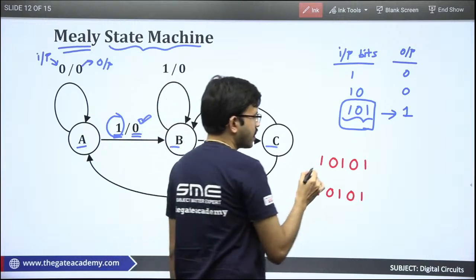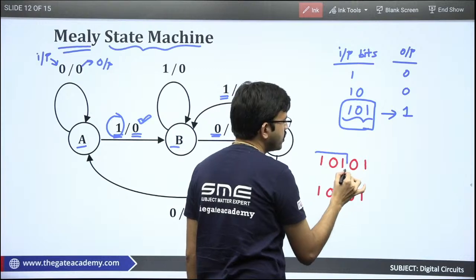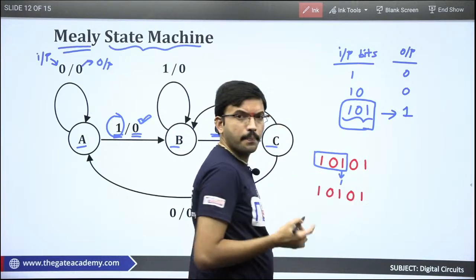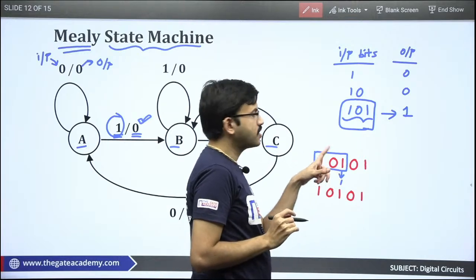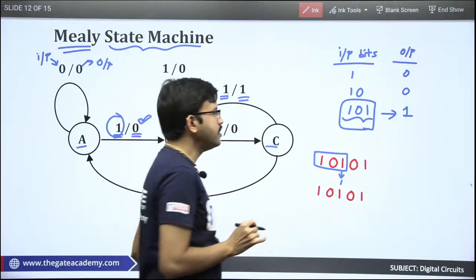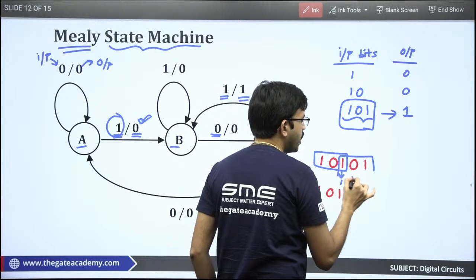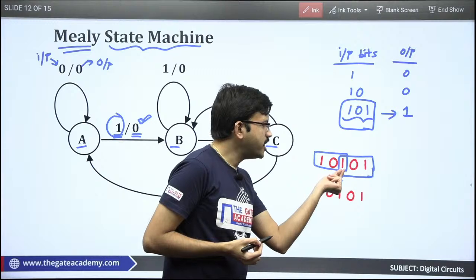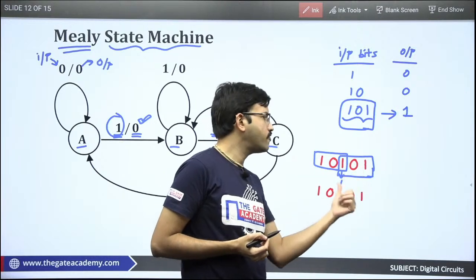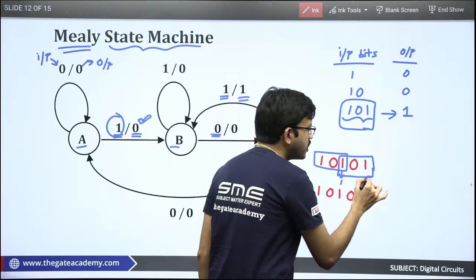See, here when you are sending the bits from left to right, here you got 1 0 1. So that means here you will get output as 1. Suppose the sequence detector is detecting the sequence with overlapping. With overlapping means what? The ending bit of the first sequence can be the starting bit of the next sequence. So that means here also you will get 1.